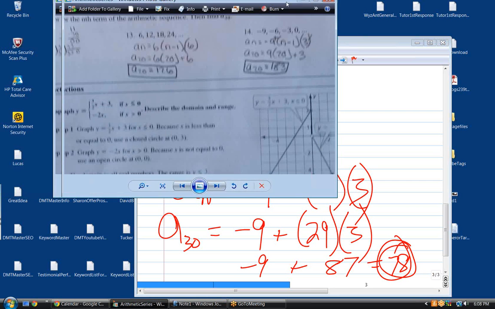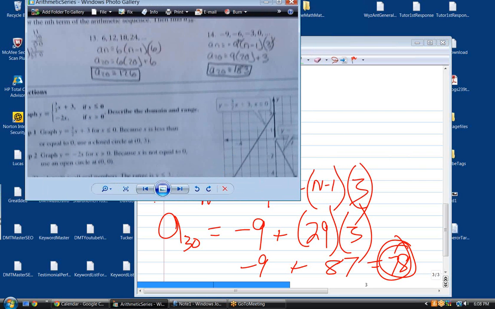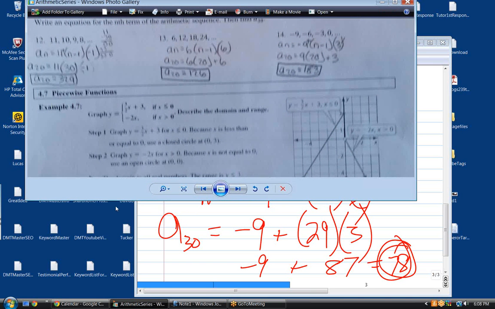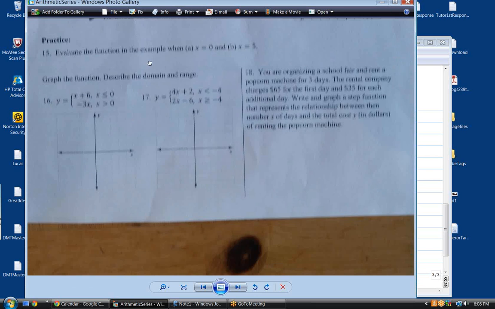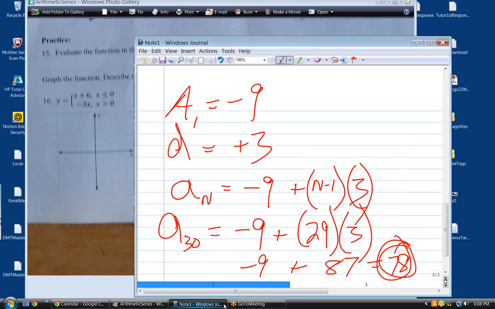Cool. Okay. All right, and the only other part of this that we didn't really cover was piecewise functions. They're a little different only in one sense.